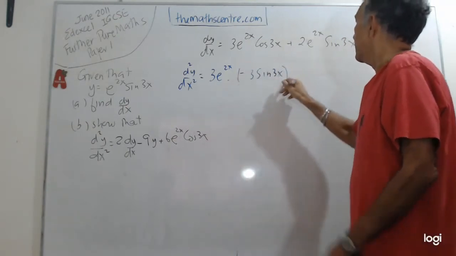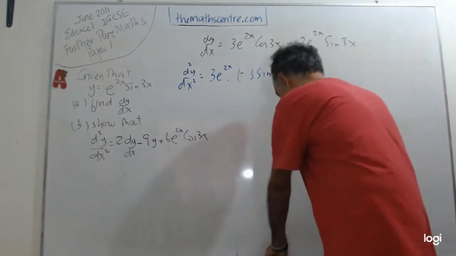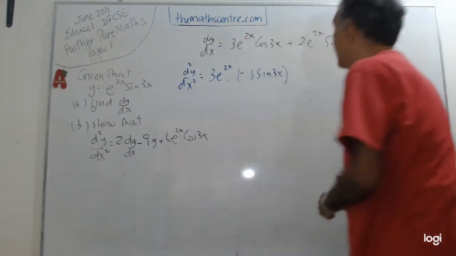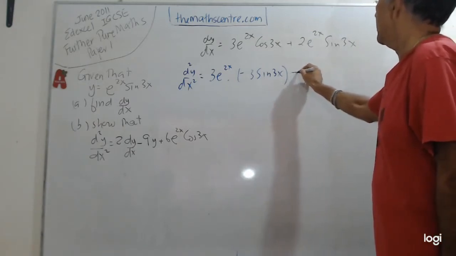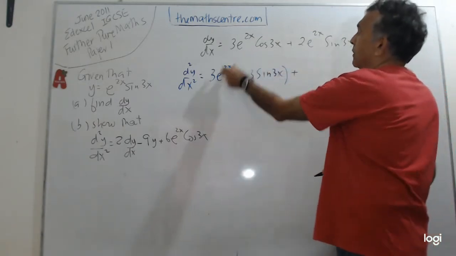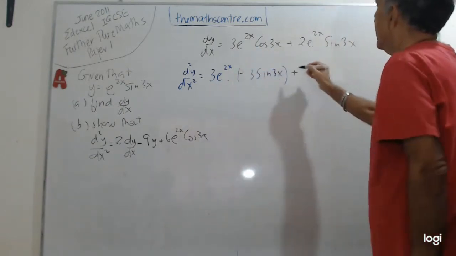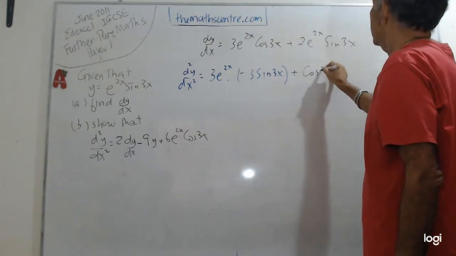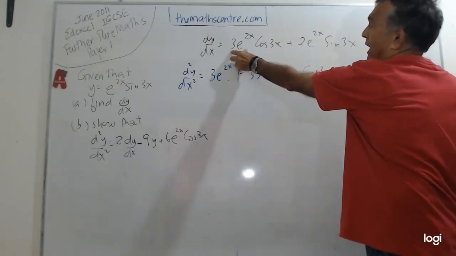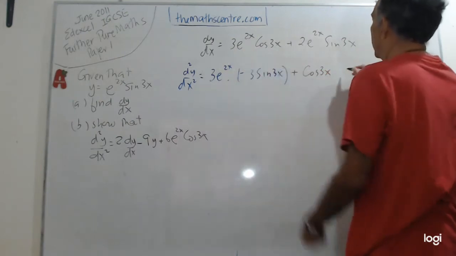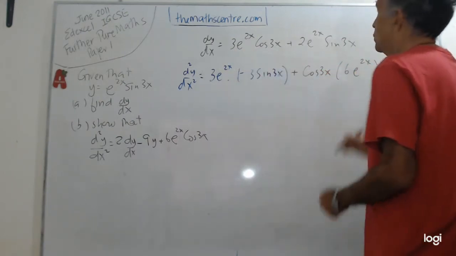Then plus, I write cos 3x and differentiate 3e to the power of 2x, and I get 6e to the power of 2x.